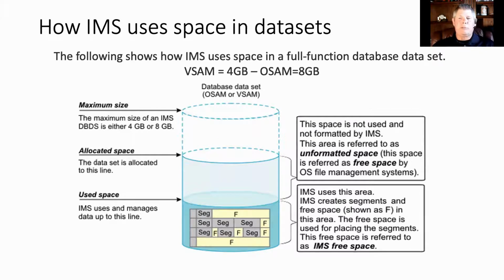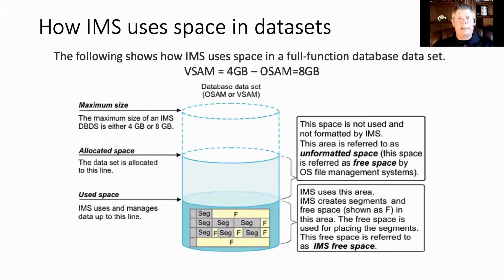The space that is formatted by IMS is the used space, and it's immediately available for IMS to utilize. Now, there are CIs, control intervals, and blocks that contain no data, which means that those are your free space. So you have an allocated area that has used space and free space, and that's all formatted with control intervals.